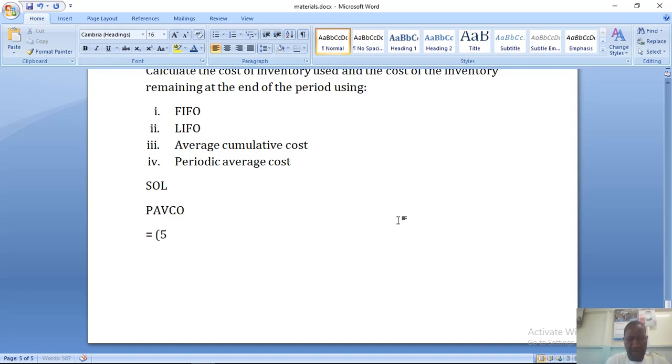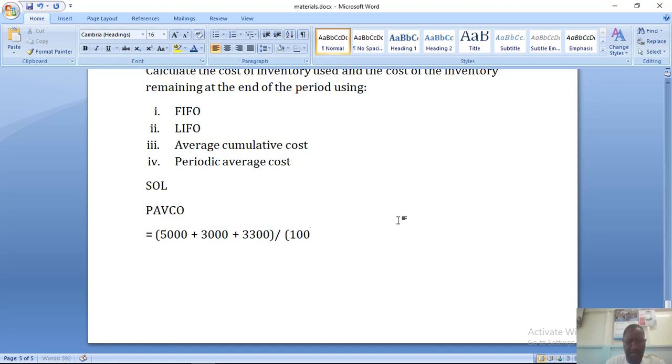We have 5,000 from opening inventory plus 3,000 from inventory received on the 5th of April, then plus 3,300 from the inventory received on the 14th of April. That's the total value, divided by the number of units.